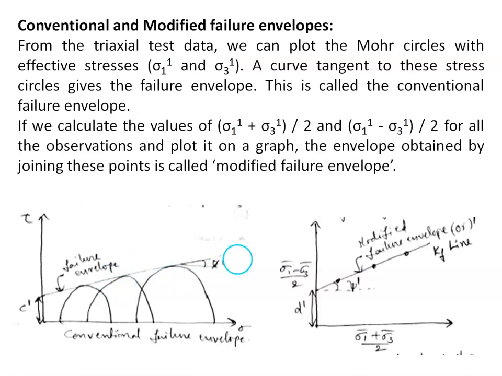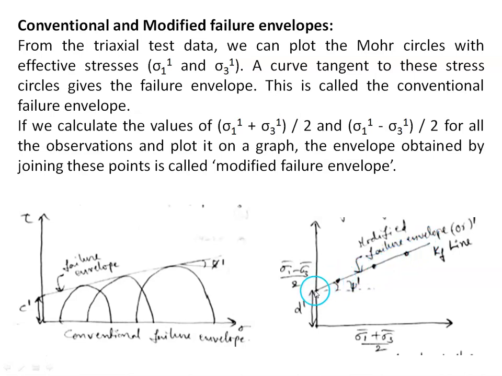In such cases, we can find the values of sigma 1 dash plus sigma 3 dash by 2 and sigma 1 dash minus sigma 3 dash by 2. Then we take the values of sigma 1 dash plus sigma 3 dash by 2 on the x-axis and sigma 1 dash minus sigma 3 dash by 2 on the y-axis. Then we plot the values on the graph and join them with a straight line.